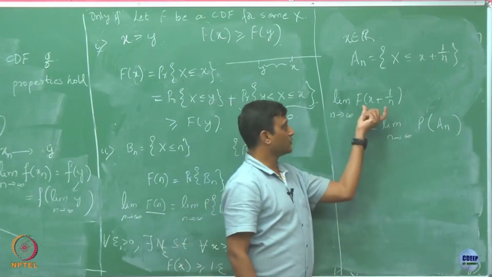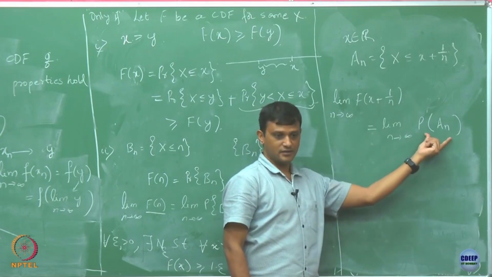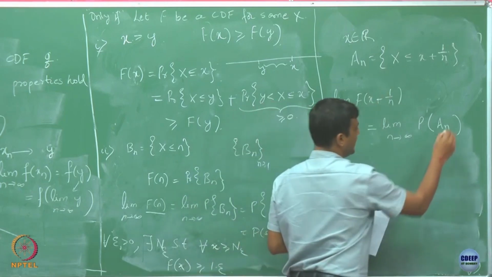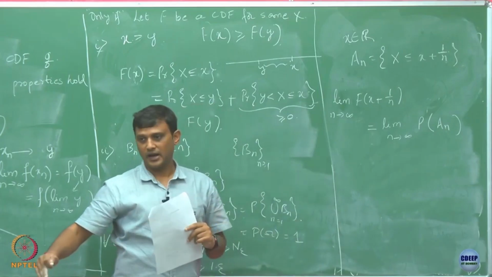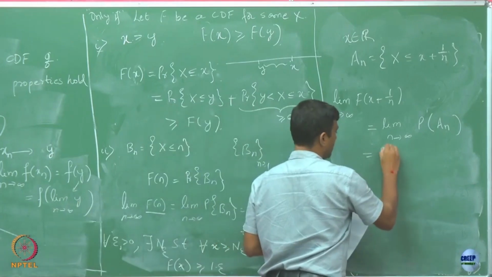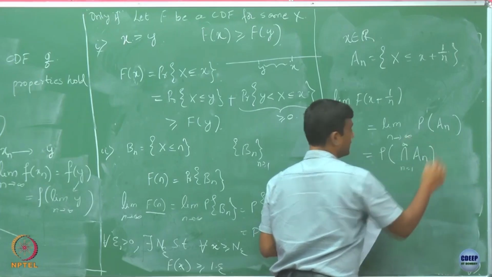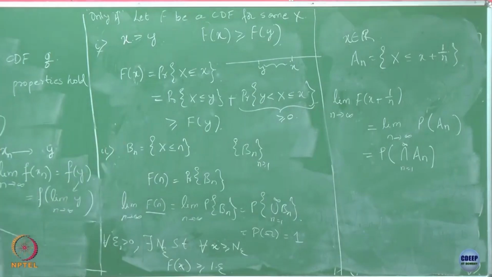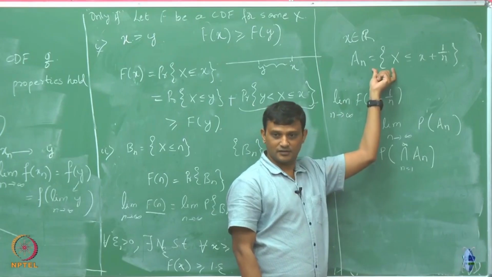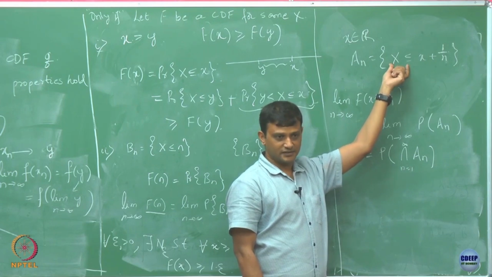I just used that this quantity F of x plus 1 by n is nothing but the probability of An by our definition of An. And because An is a monotonically decreasing sequence, by the continuity property of P, this is nothing but the probability of the intersection of the An. Now go back to the definition of An. The An's are looking like this. What is going to be the intersection of all these An's?